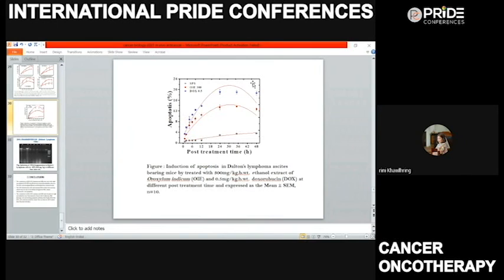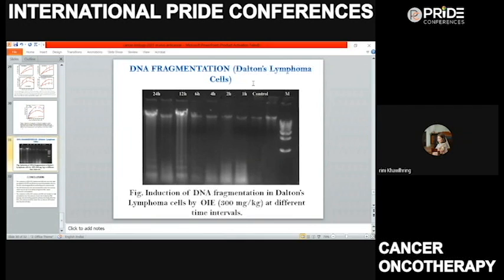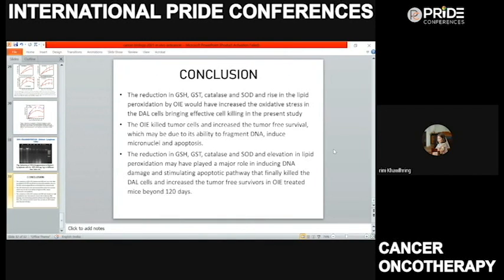And maximum apoptosis induction was observed at 24 hours post treatment, and the number was quite similar after 24 hours post treatment. And these are the DNA fragmentation observed in the Dalton's lymphoma cells when given the 300 mg per kg body weight of the ethanol extract, at different time intervals.